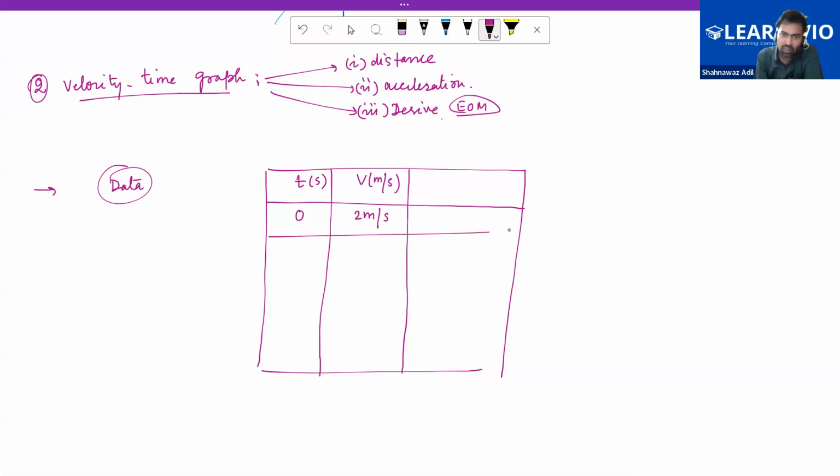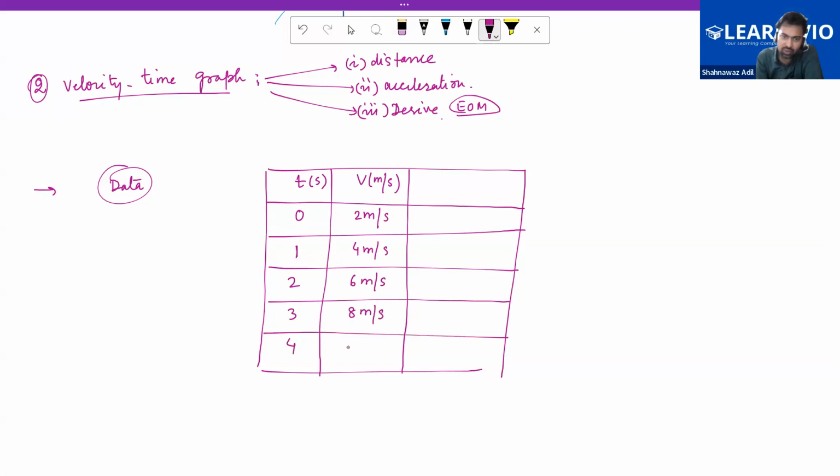Then in 1 second, this becomes 4 meter per second. In 2 seconds, this becomes 6 meter per second. Then in 3 seconds, it becomes 8 meter per second. And at 4 seconds, it becomes 10 meter per second.